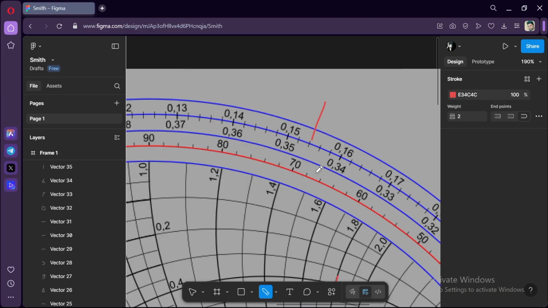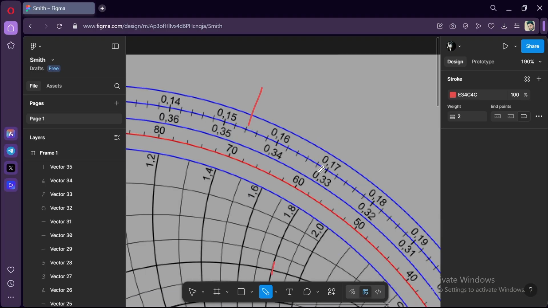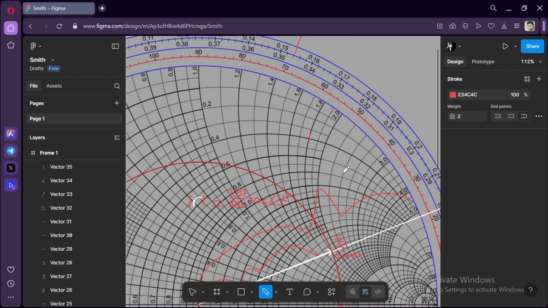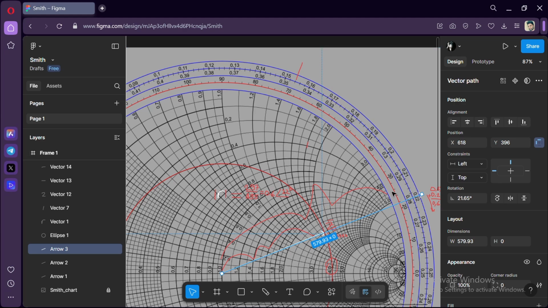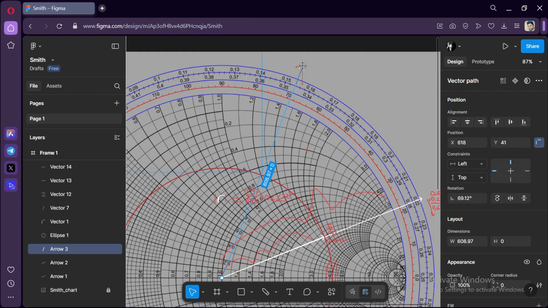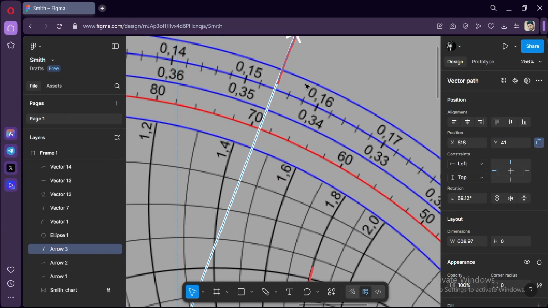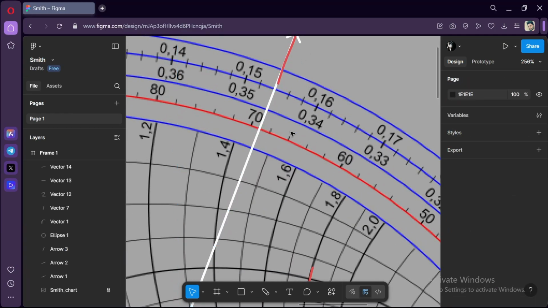Okay, let me duplicate this arrow, then take it also here. Okay, it is quite alright.